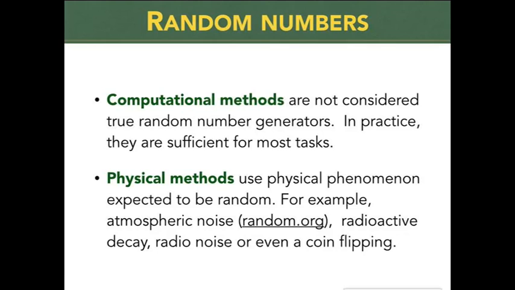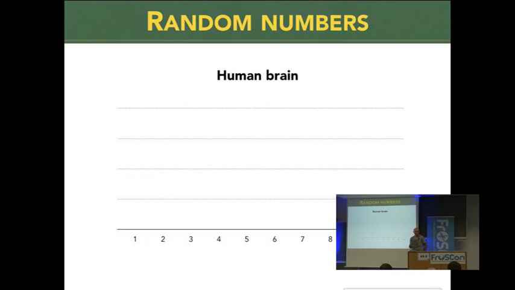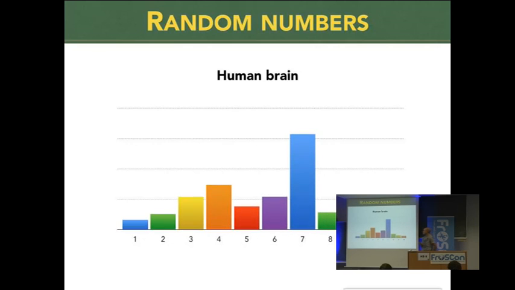And we also, as humans, are not good at generating random numbers. So we're going to do a quick test. During 5 seconds, we're going to think about one number between 1 and 10. Okay, start. This is real time.